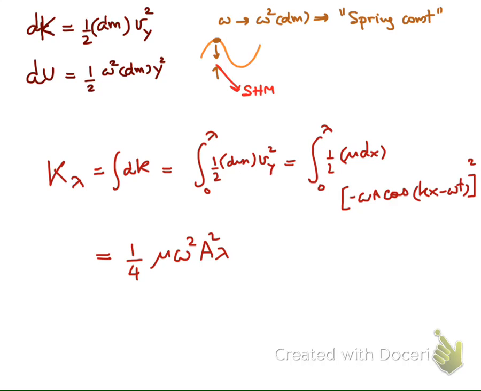Here A is the amplitude of the wave and lambda is the wavelength of the wave.